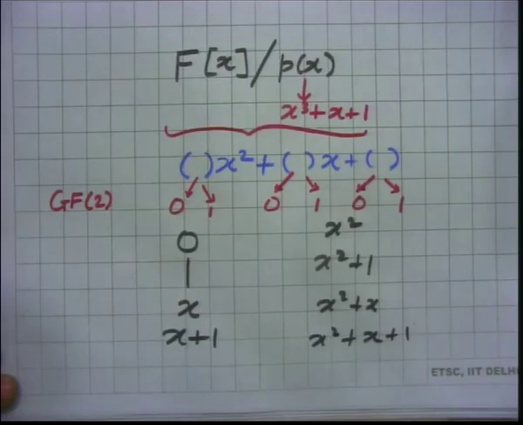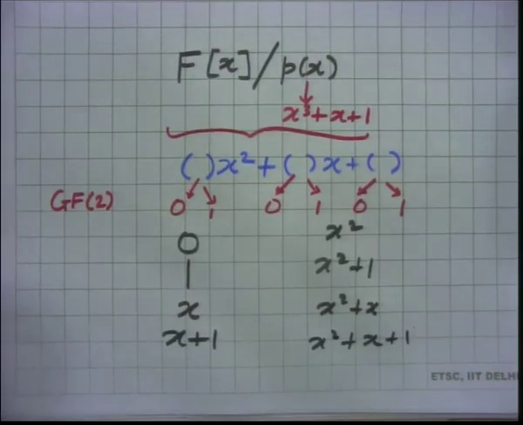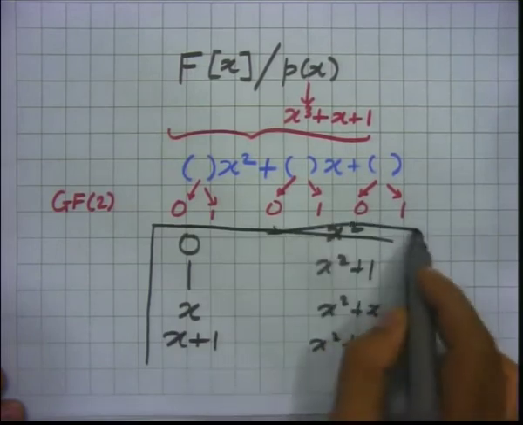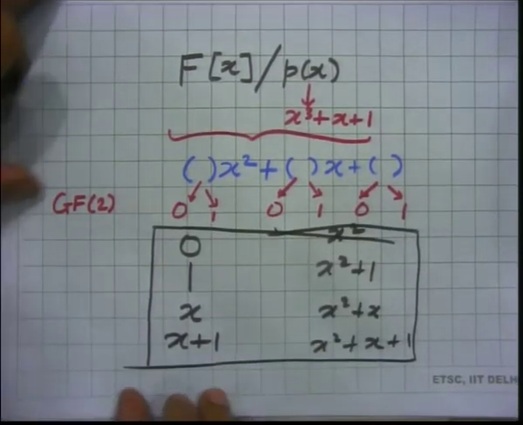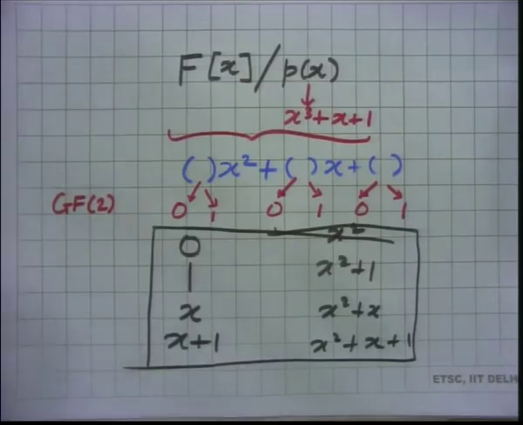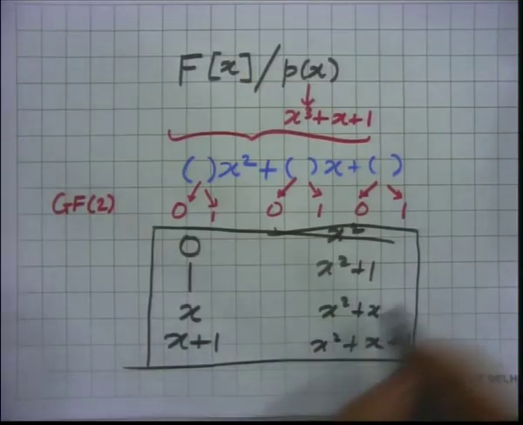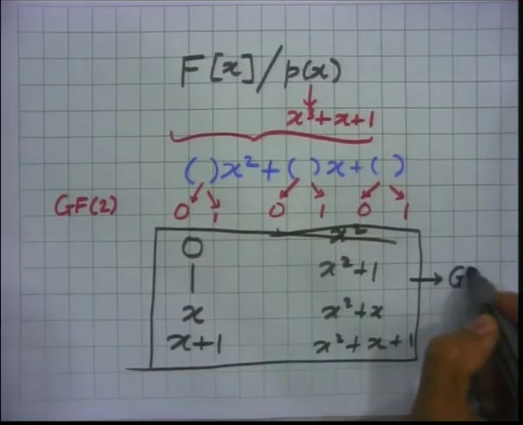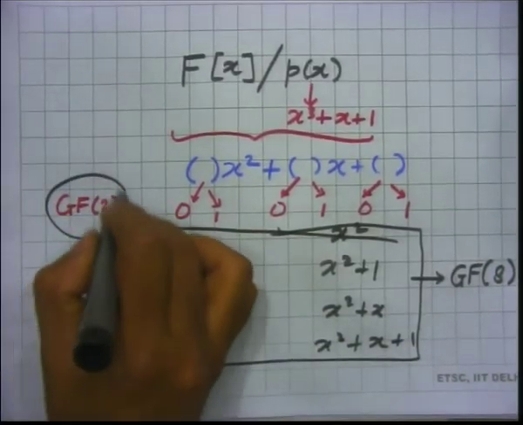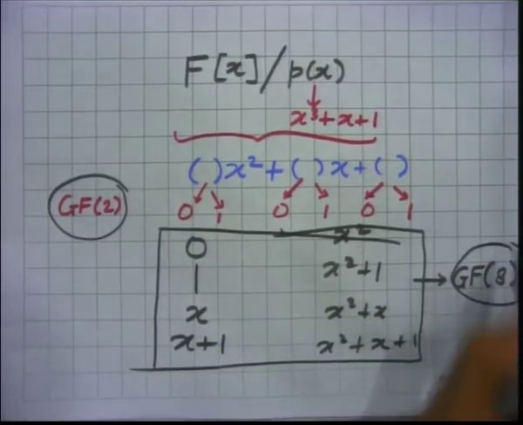So, you have got these 8 elements. These 8 elements basically form the elements of GF(8), and we will show that we migrated from GF(2) to GF(8).